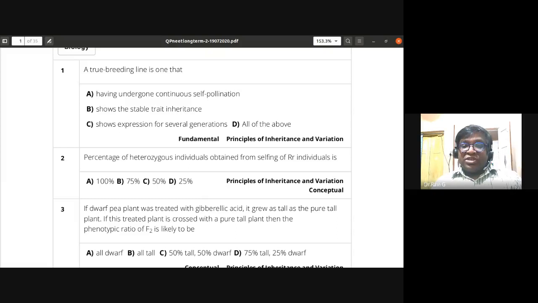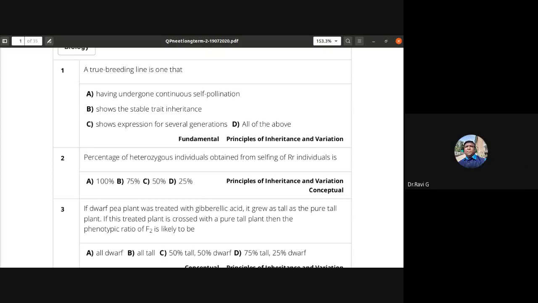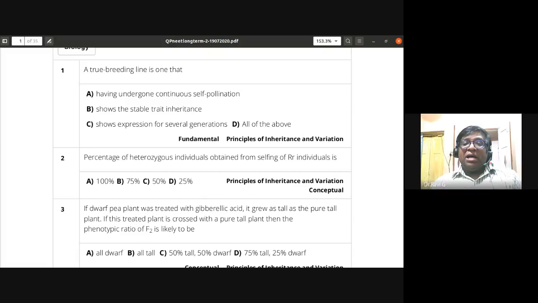One of them will be the pure capital RR, another would be small rr, and you would be having two heterozygous individuals. So if you convert 1 is to 2 is to 1 into percentages, it would be 25 is to 50 is to 25.